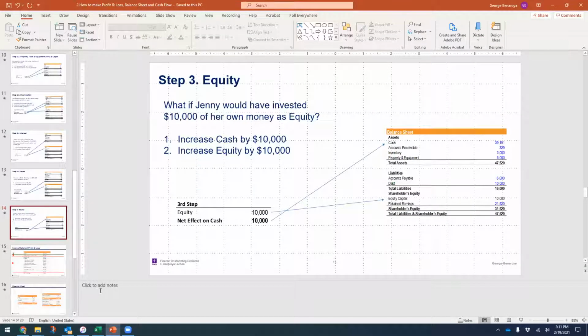And finally, we leave as a last step what in real life is done as a first step, but it's so that it'll be easier to understand the transactions. We are going to assume that Jenny got $10,000 in equity, and so we're going to increase cash by $10,000. The equity or the cash she got, she put it into her cash drawer or into her bank account, and the other side will be to increase equity by the same amount of $10,000.